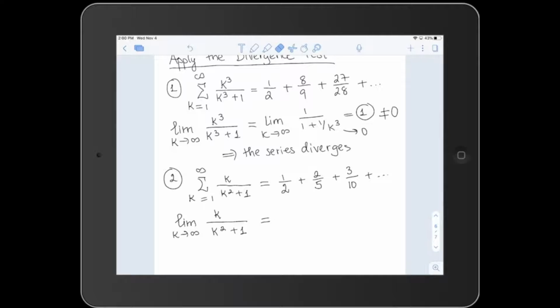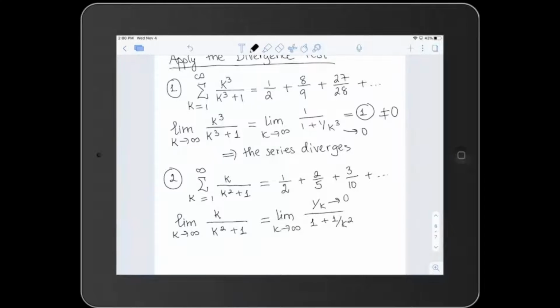If you want to fill in the details, this is the limit as k goes to infinity of 1 over k divided by k squared, which is 1 plus 1 over k squared. This goes to 0, this goes to 0, so this whole thing is 0. The limit is 0.